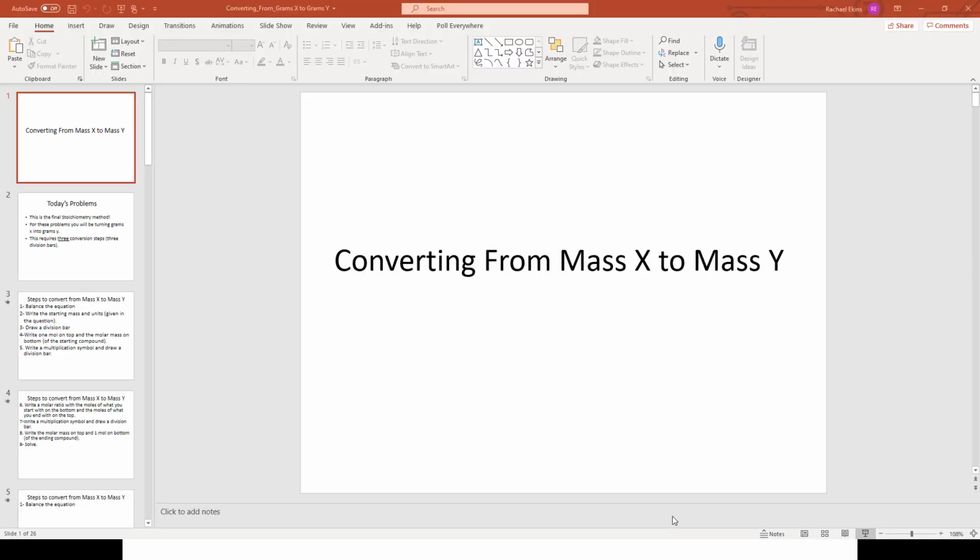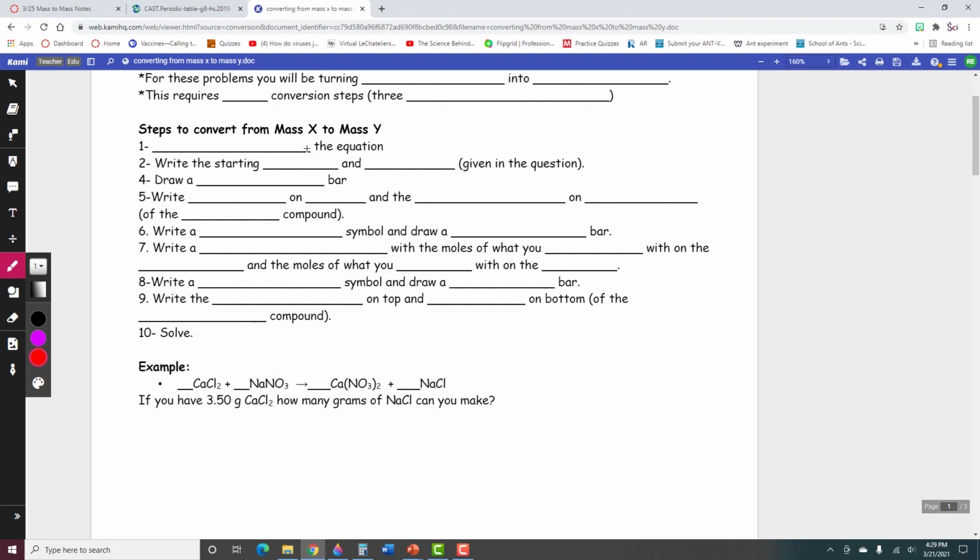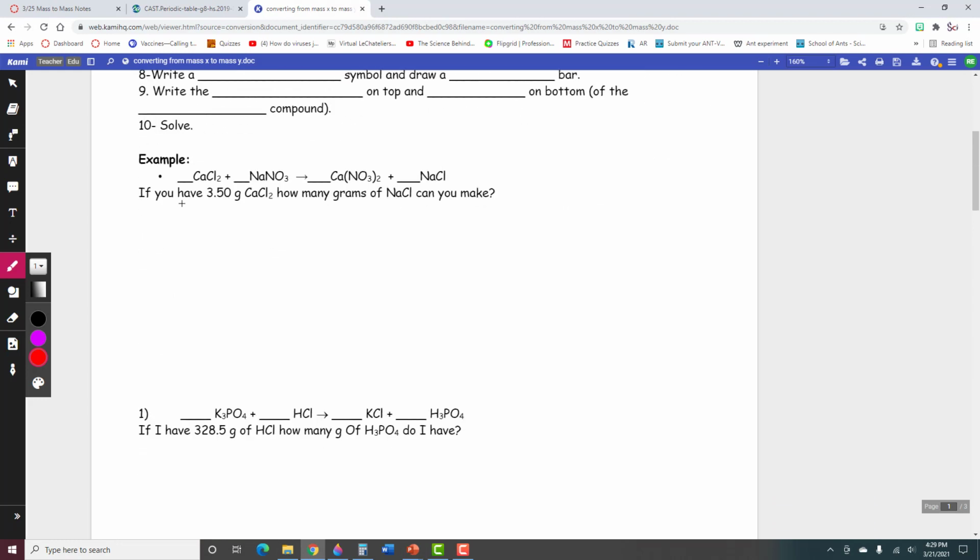I'm going to do an example like I did before, so that way you can see step by step what you do. So I'm going to balance this equation here. Let's write this out. Ca is 1, Cl is 2, Na is 1, and then NO3 is polyatomic, and that's 1.